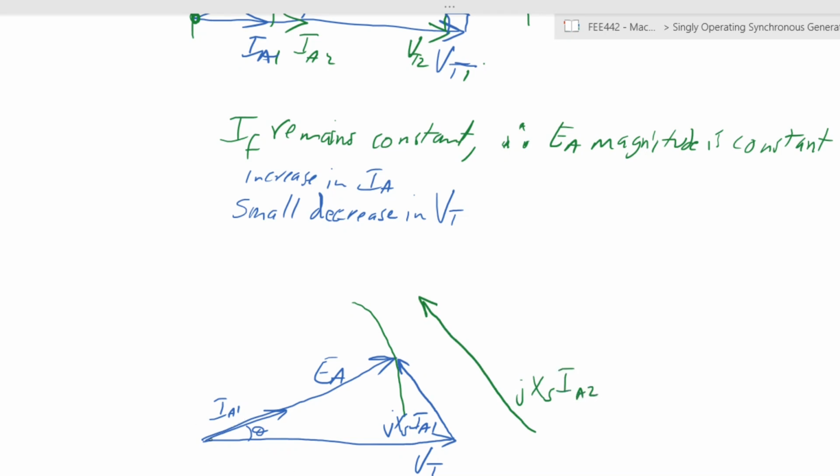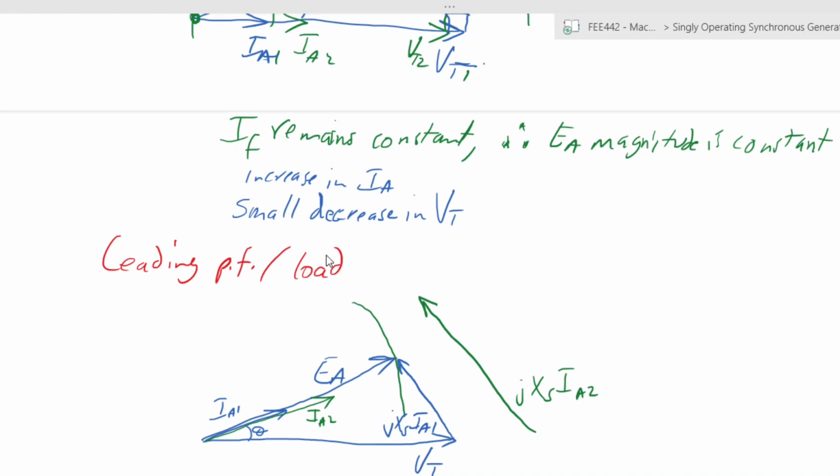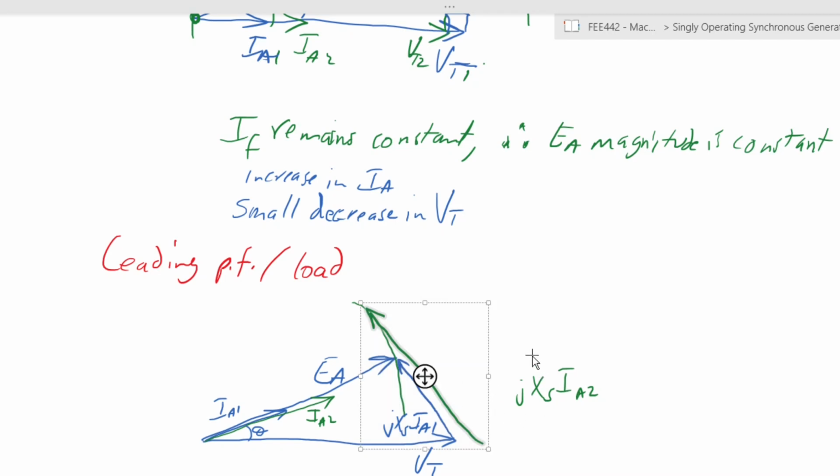Okay, let's say IA2 looks like that, right? Same leading power factor, right? So what happens in this particular case? In fact, the scale may not even work for us here, but let's see if we can try and fit it in. Might find it somewhere there. Okay, right. So it does work, right?